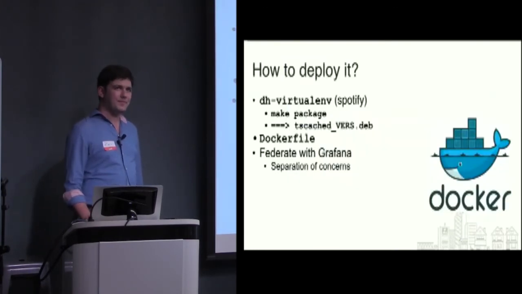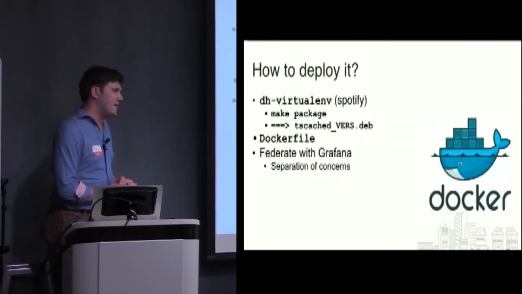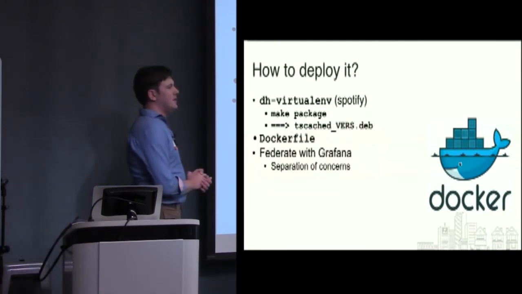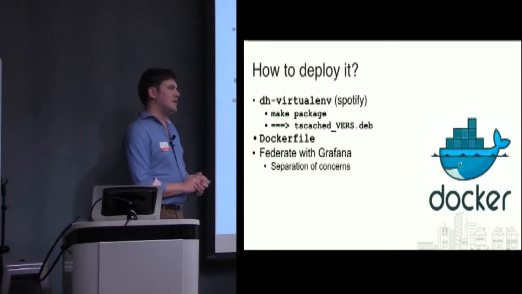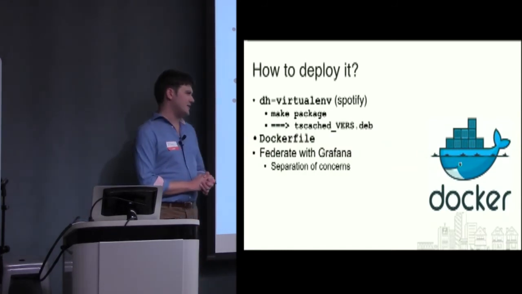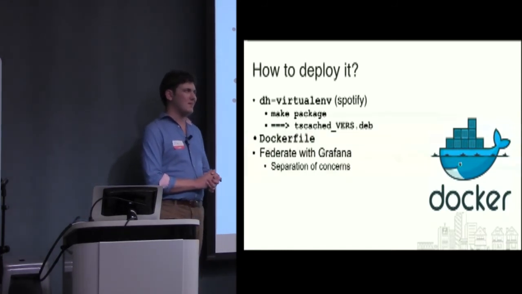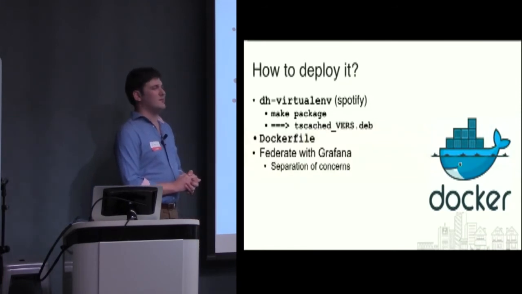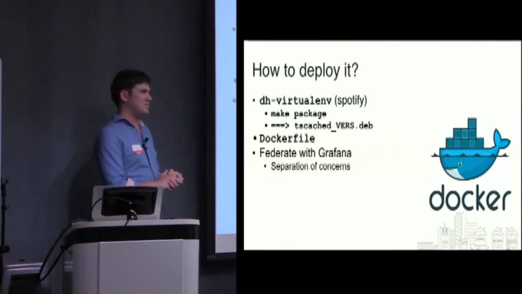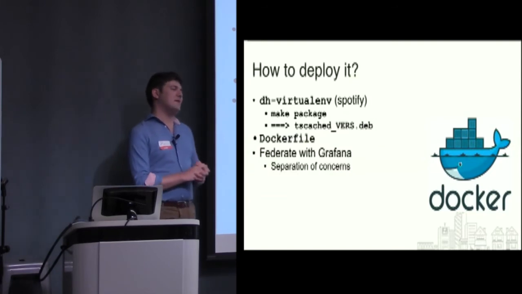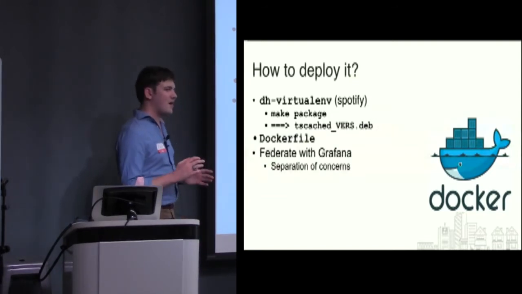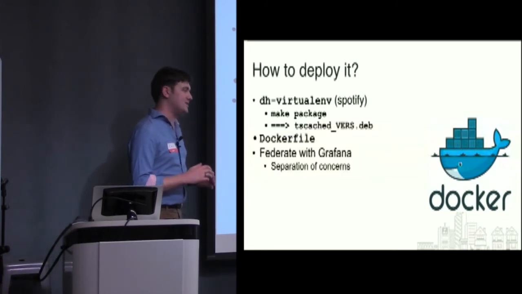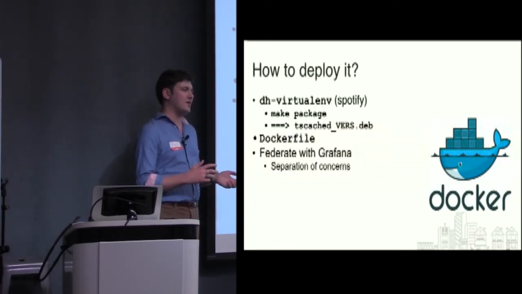And then very quickly, how do you deploy this? The GitHub project supports DH-virtualenv, where you can actually make a deb, which I believe only works on Trusty at this point, but pull requests are always welcome. There's also a Docker file that will Docker it for you. And by federating it with Grafana, and federation is often not the right thing to do for high volume data-driven systems, because putting things on the same server is just going to cause contention, right?